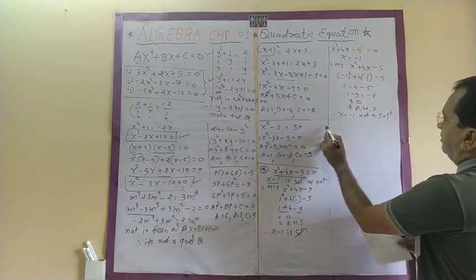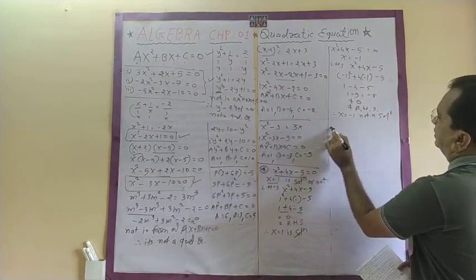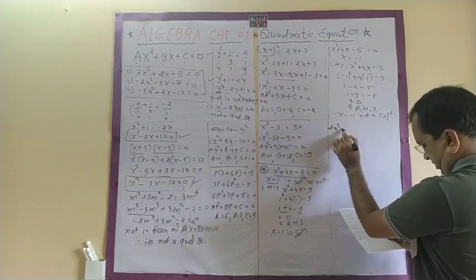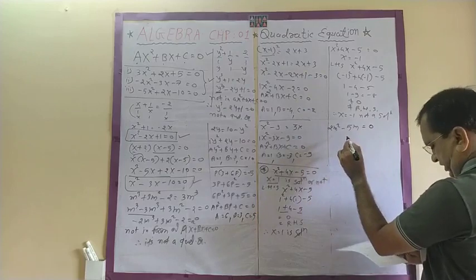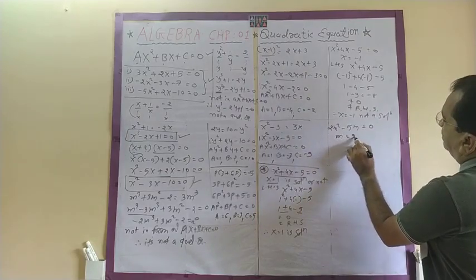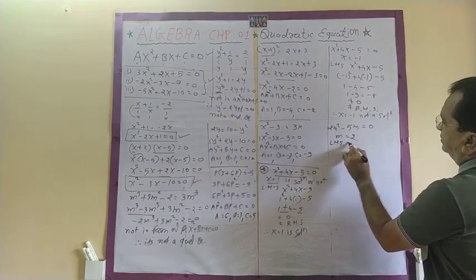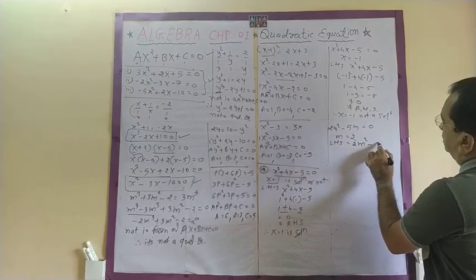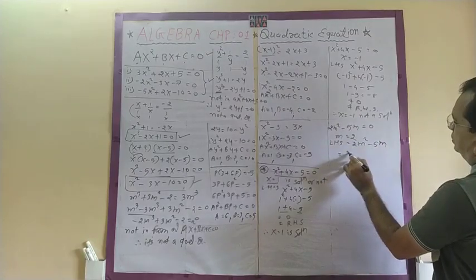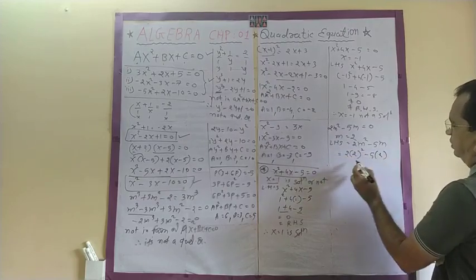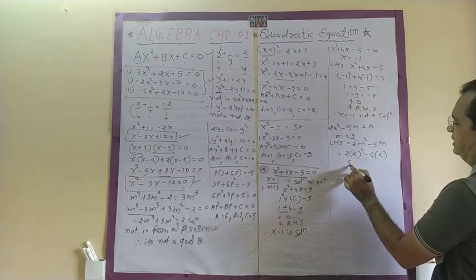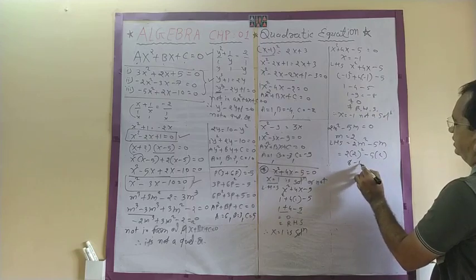One more example I am selecting. 2m square minus 5m is equal to 0. It is given m is equal to 2. Left hand side, 2m square minus 5m. So 2 into 2 square, minus 5 into 2. 2 fours are 8, 5 twos are 10.